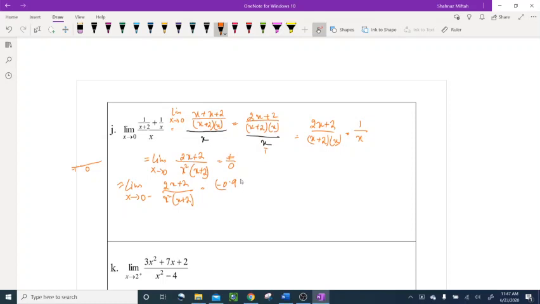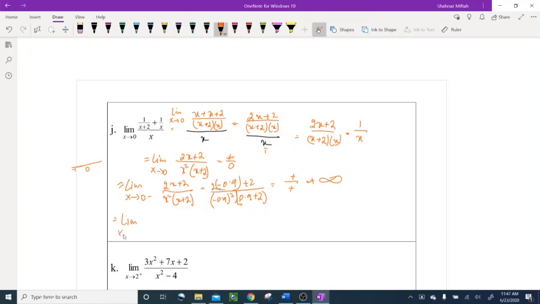Negative 0.9 times 2 plus 2 over negative 0.9 squared, and I have negative 0.9 plus 2. When I solve this, I got positive over positive, so it means I have positive infinity. And we already know when we get a number over 0, the limit does not exist, or since they are talking about left and right both, I will just say does not exist.